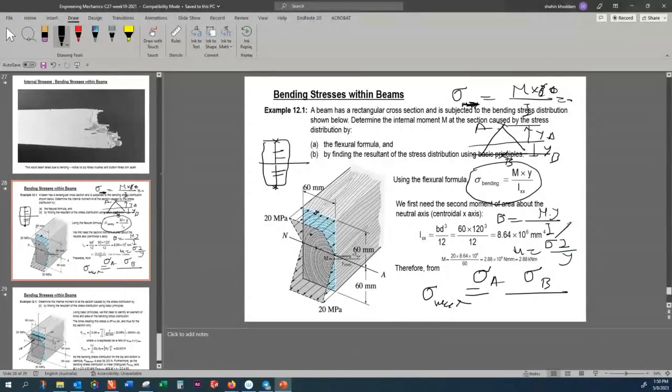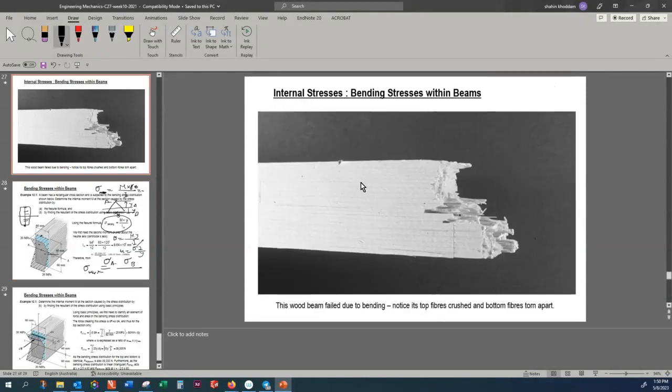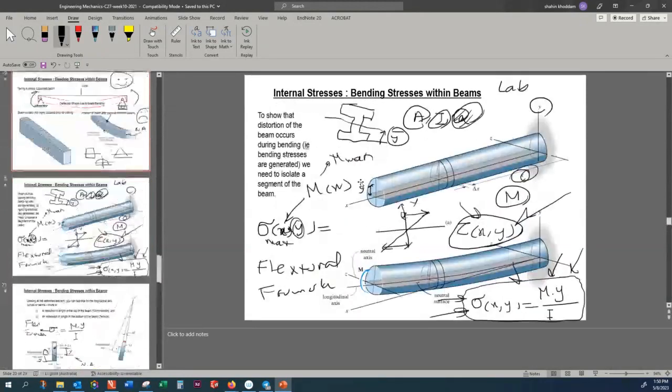So here I know the sigma, that's the limit of the wood. I grab this from the table. So for wood, according to that table, what was the limit? Let's find this out.